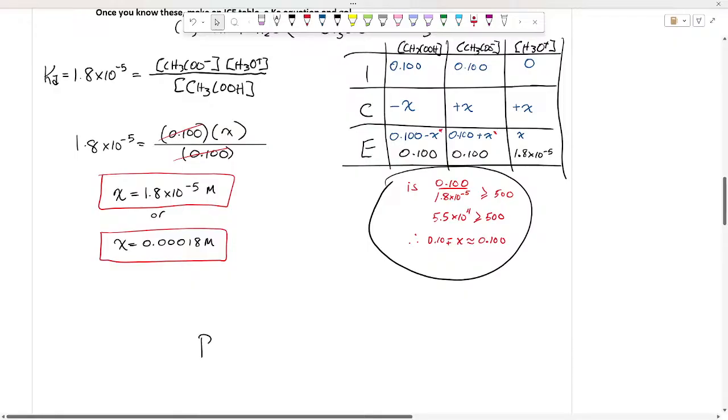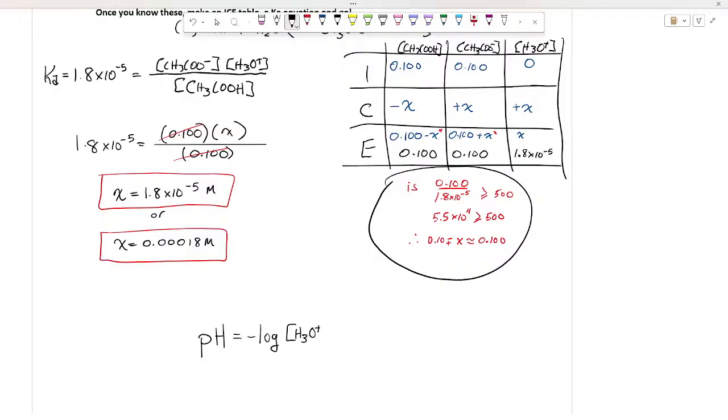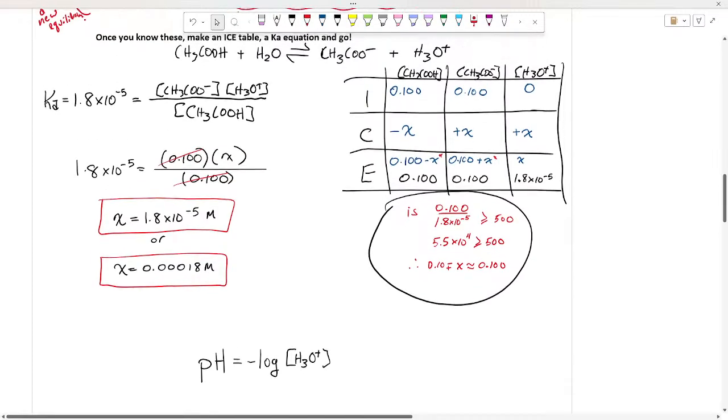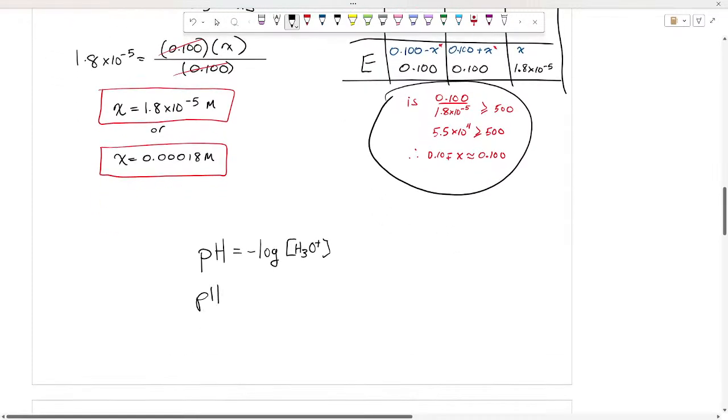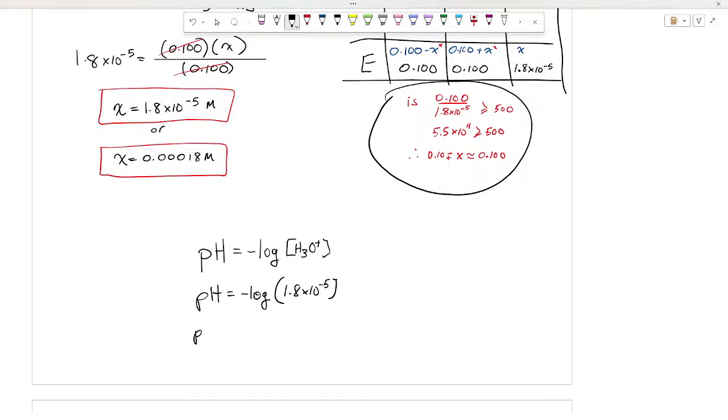The pH. All right. And the pH is equal to the negative log of the concentration of H3O+, which means in this case, it's equal to the negative log of 1.8 times 10 to the negative 5, which means in this case, the pH is equal to 4.7?